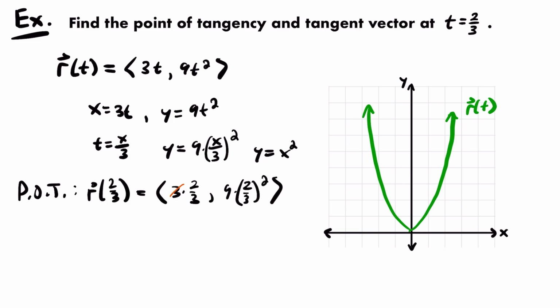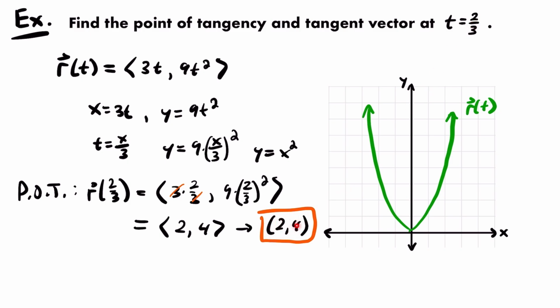These two 3's cancel out, so the x component is just 2. Then we have 2 squared, which is 4, divided by 3 squared, which is 9, and those 9's cancel out. So the resulting vector is 2, 4, and the point of tangency is the point 2, 4. That's our first answer: the point of tangency for t equals 2/3 is the point 2, 4.